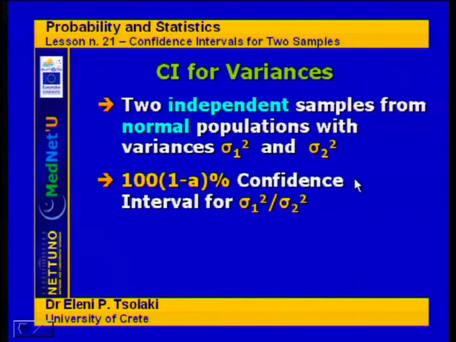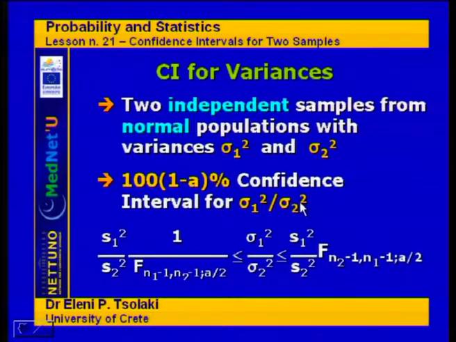So we want to calculate the confidence interval for sigma 1 squared divided by sigma 2 squared. And we can use another, new distribution, which we see here for the first time. It's this F distribution.